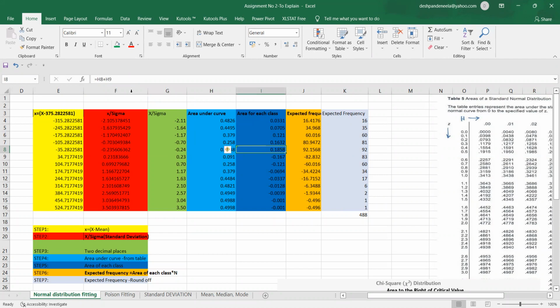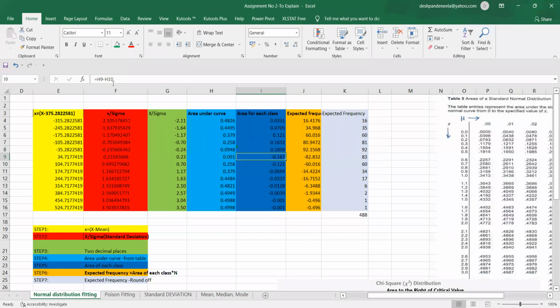So the area under the curve will be plus now. Plus which one? The previous one, that is for minus 0.24, and the next one. The cell at which the sign is going to change, you have to add them up. Then goes the next one.